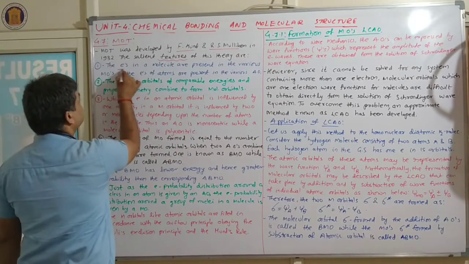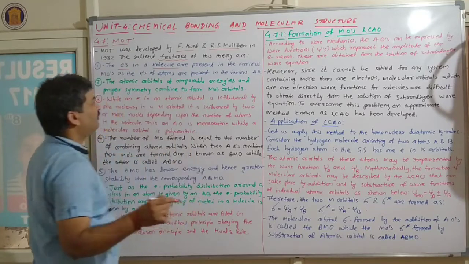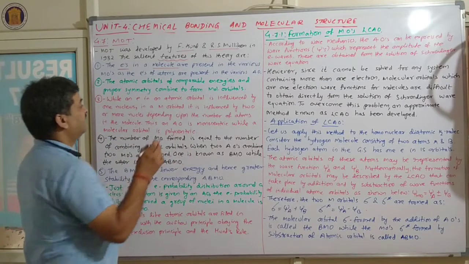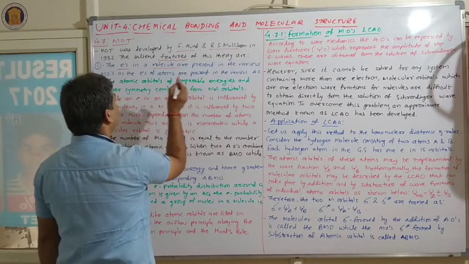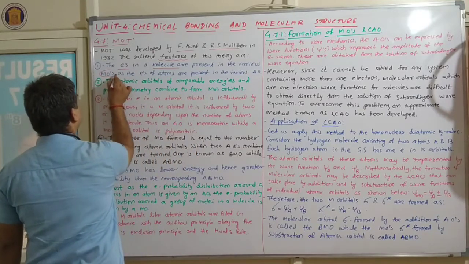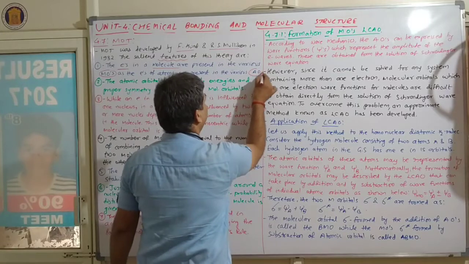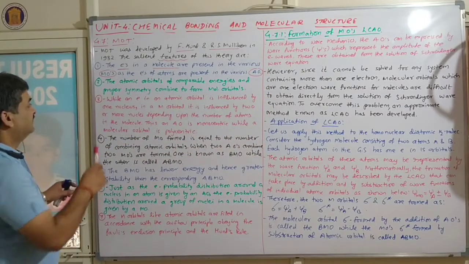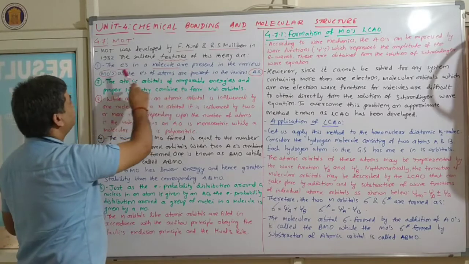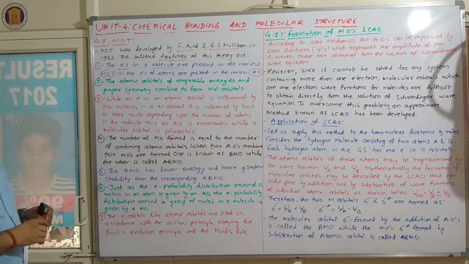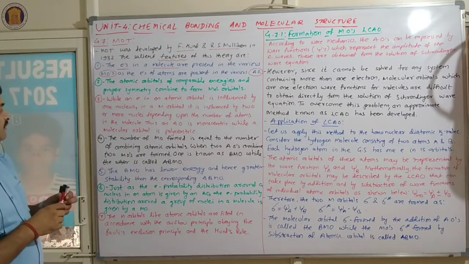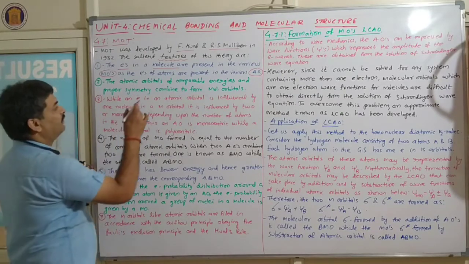The electrons in a molecule are present in various molecular orbitals, as the electrons of atoms are present in various atomic orbitals.